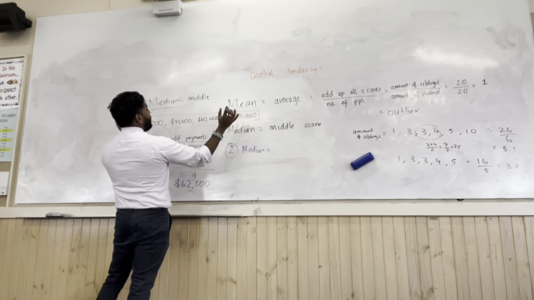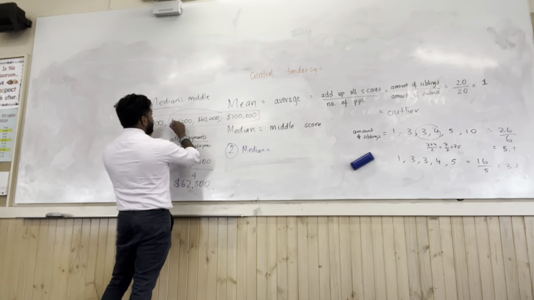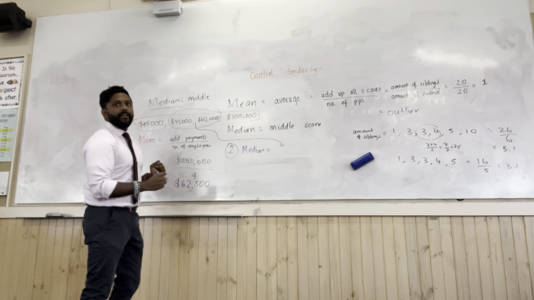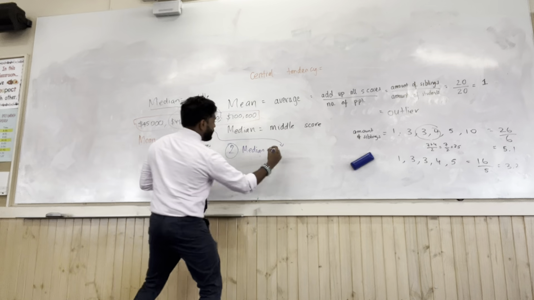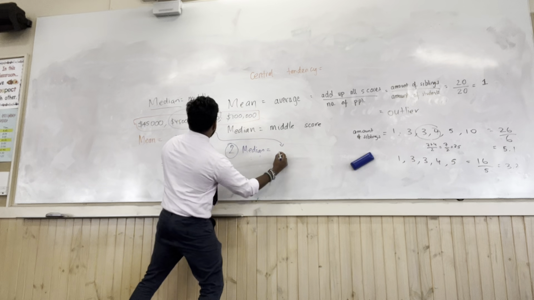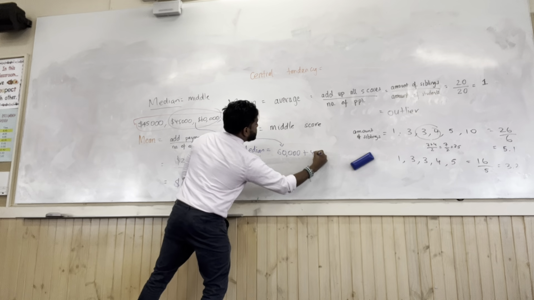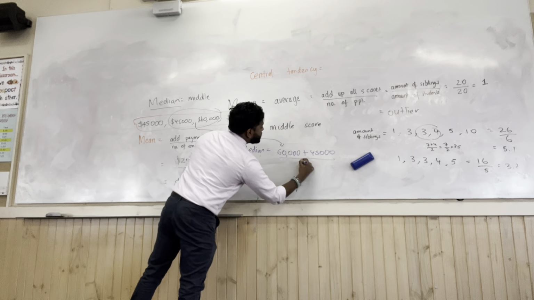So the middle number is in between these two. How do you calculate that? 60 plus 45,000, divided by 2. So 60,000 plus 45,000 divided by 2.